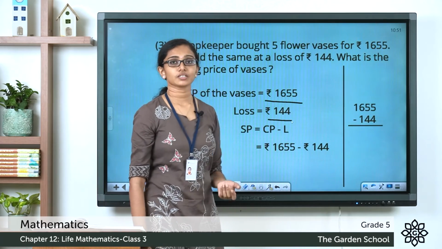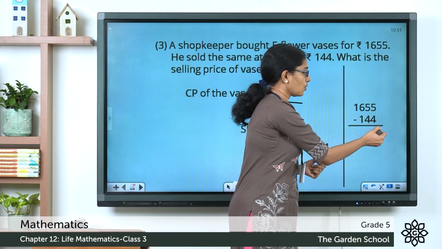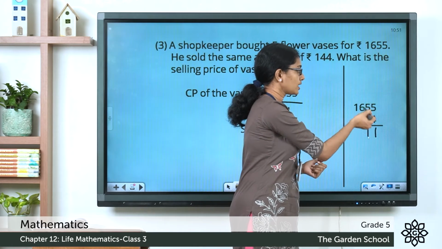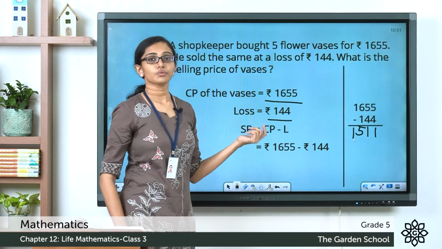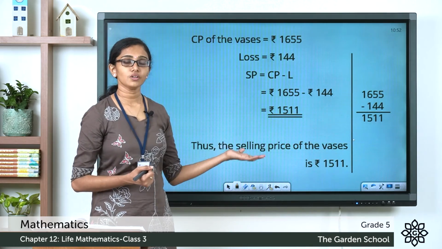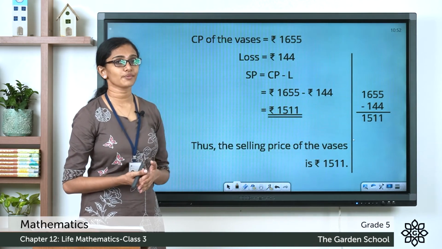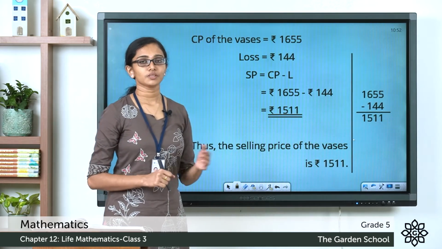So let's do the subtraction in the working column. So here we have 5 minus 4, 1, 5 minus 4, 1, 6 minus 1, 5 and 1 here. So what is the amount? So the shopkeeper sold the flower vases at a selling price of rupees 1,511. Hope this is clear.